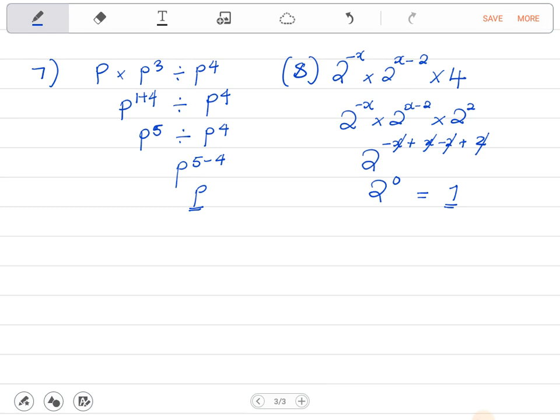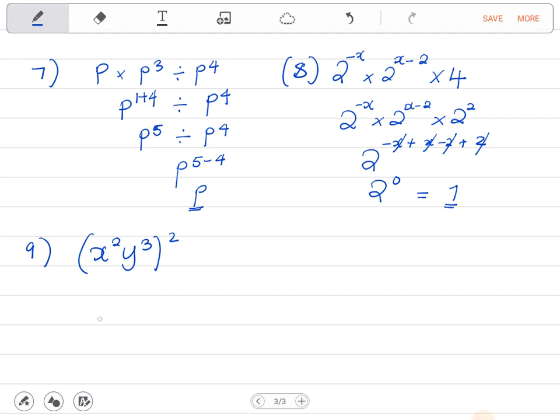Question 9. I have x squared, y to the power 3, and everything squared. How can we do this? Take your time. We've done this one before. We are just squaring everything inside there.